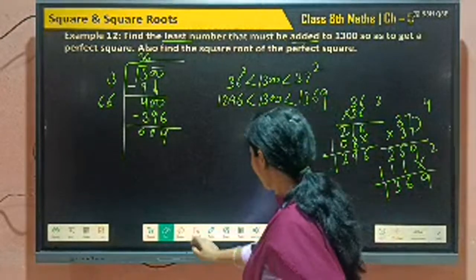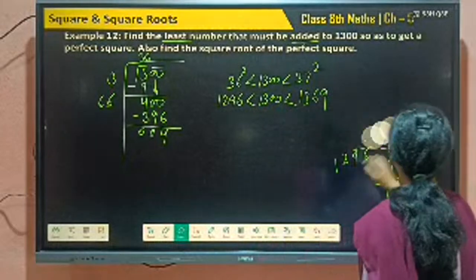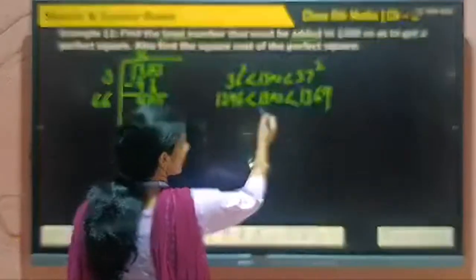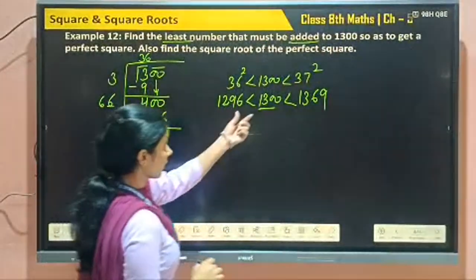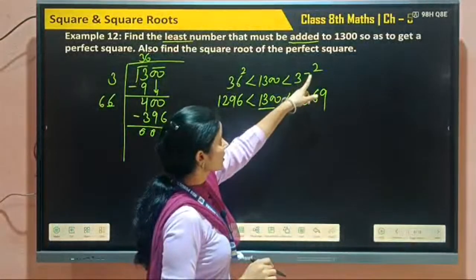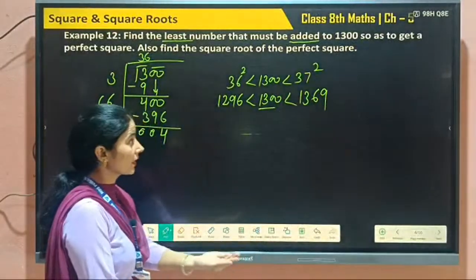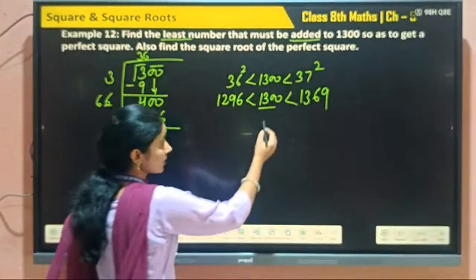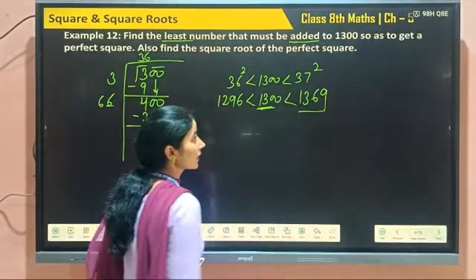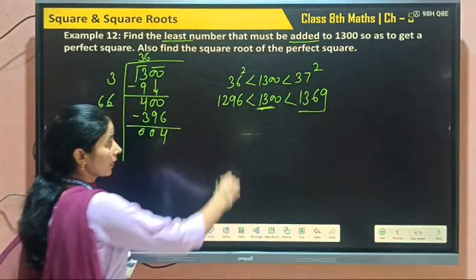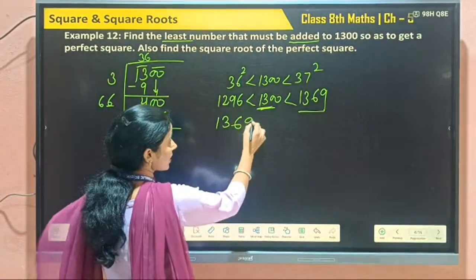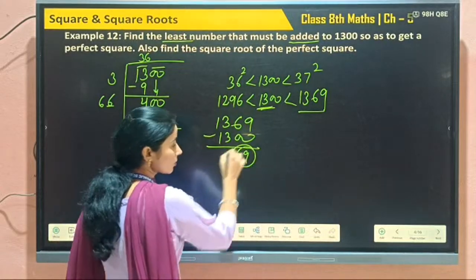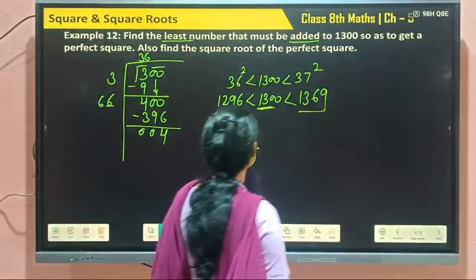1369. Let us see what is the conclusion. This 1300 is less than 37 square. What must be added to make it a perfect square number? Next to this one is 1369, and we are getting 1369 minus 1300 is 69, the smallest number that must be added to the given number.